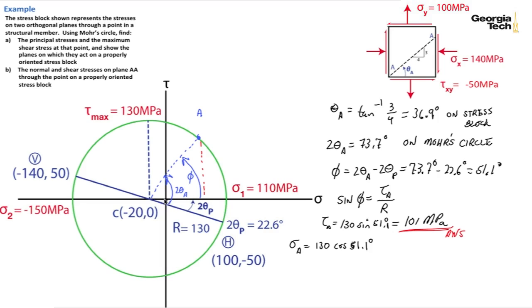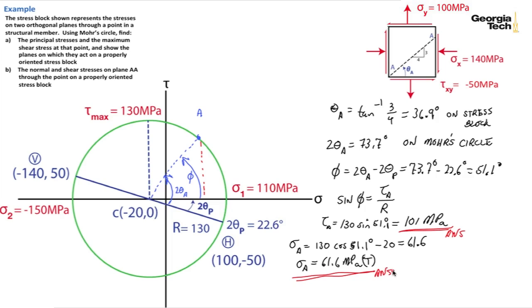So we're going to have to subtract out this 20 from our center, and we find that the normal stress at point A is going to end up being 61.6, or sigma sub A equals, and this is positive, so it's 61.6 megapascals in tension. And that's our other answer.